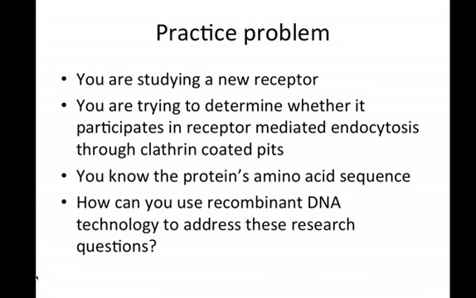In the back. Yeah, because I saw you first, and then you. Even if you cleaved off the sequence, would that necessarily tell you it's part of receptor-mediated endocytosis? Is there a bunch of different receptors all lumped into one, so you can still form endocytosis? Yes, so the question is, even if you removed it, would it tell you if it's involved in receptor-mediated endocytosis? You would have to find a way to follow your receptor.